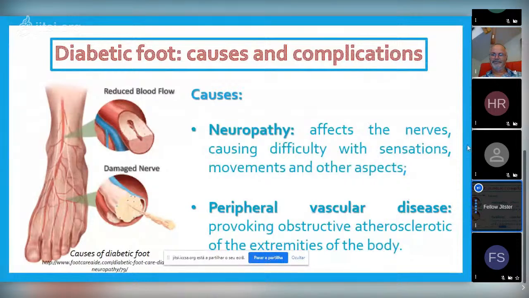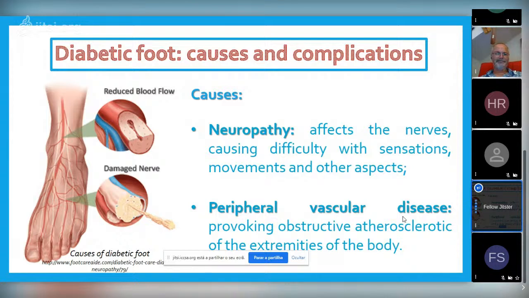With neuropathy, the person stops feeling, so even if you have a small rock or piece of sand in your foot, people lose sensation and some wounds appear. With peripheral vascular disease, the extremities of the body stop being irrigated.